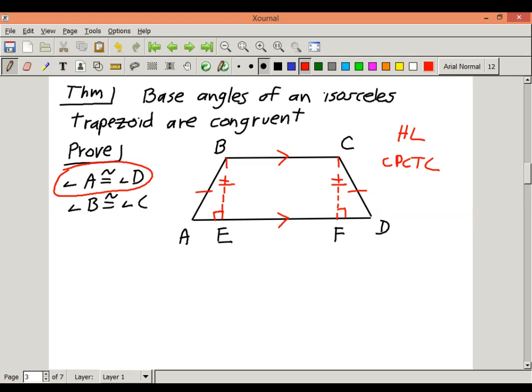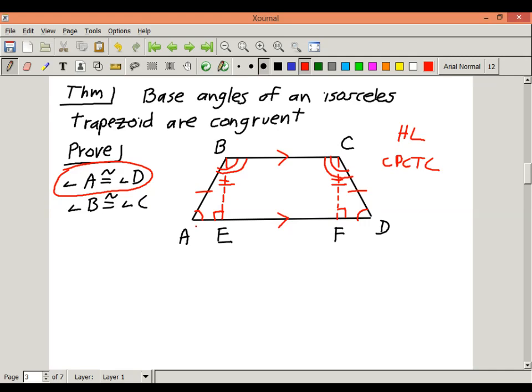Okay, so we also want to prove that, so we got this, I'll mark that off, these are congruent. So that's one pair of base angles, but the other pair of base angles are also congruent. So I'm talking about this angle right here. I'm not going to call that angle B because there's more than one angle B there. So those two angles that I marked off with the double arcs are congruent by the congruent supplements theorem. So angles that are supplements of congruent angles themselves are congruent.